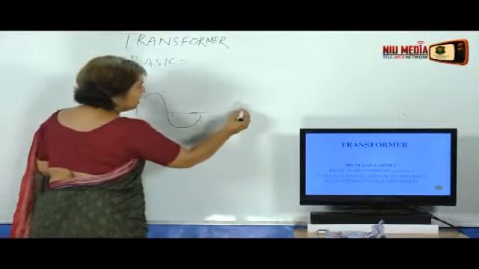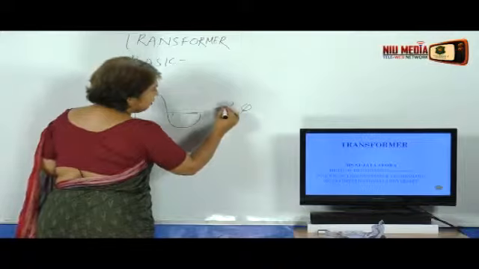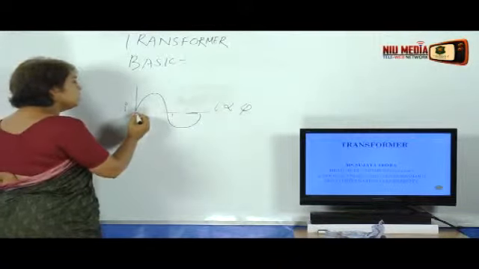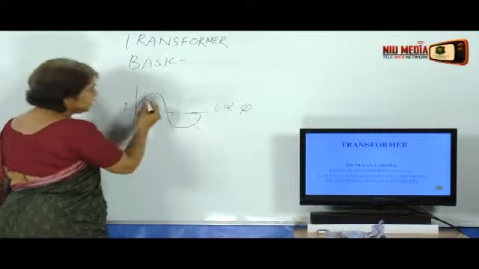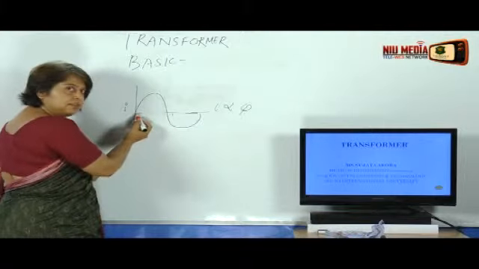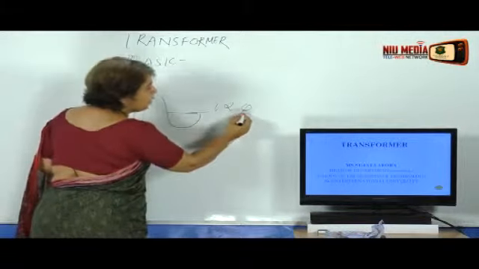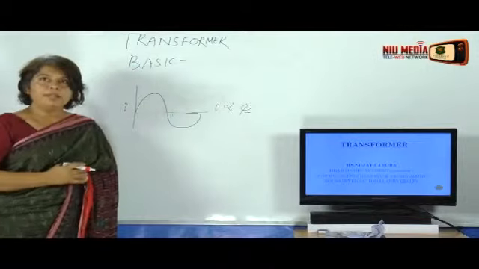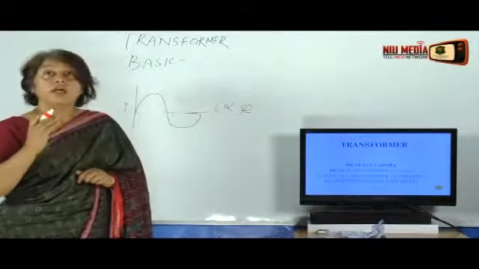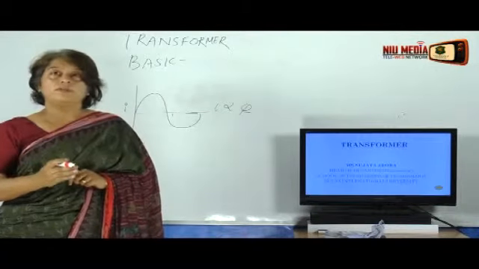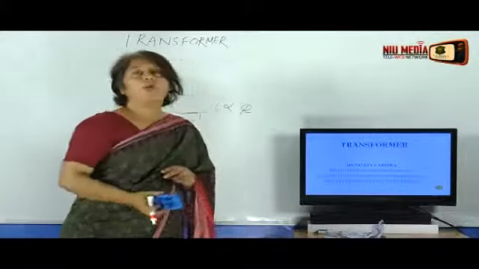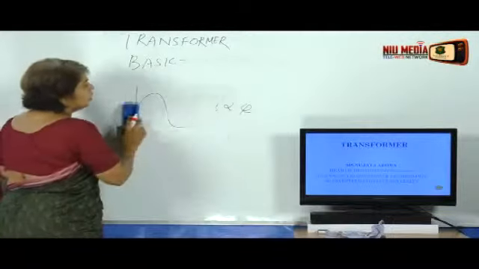This phi is proportional to the I. So, whenever the current changes its direction, because it is alternating in nature, it will produce alternating flux. So wherever there is alternating current, there is also a changing EMF, and this is the basic principle on which the transformer works.